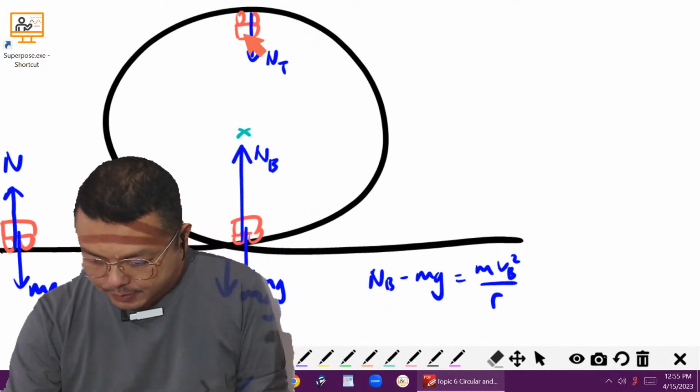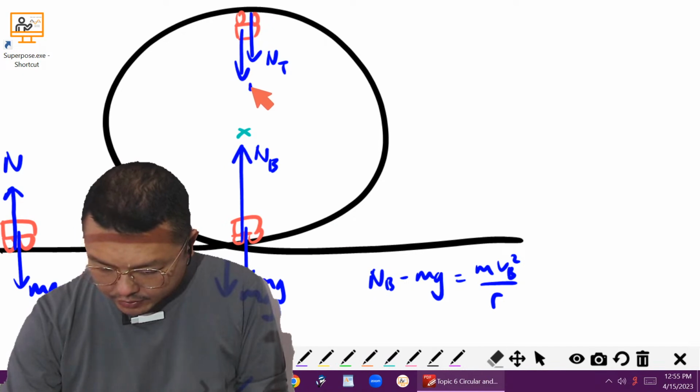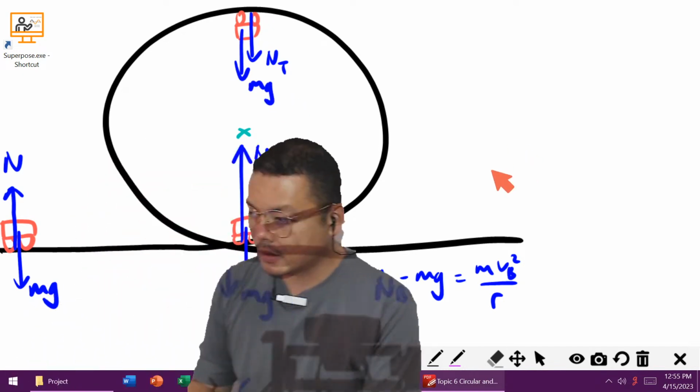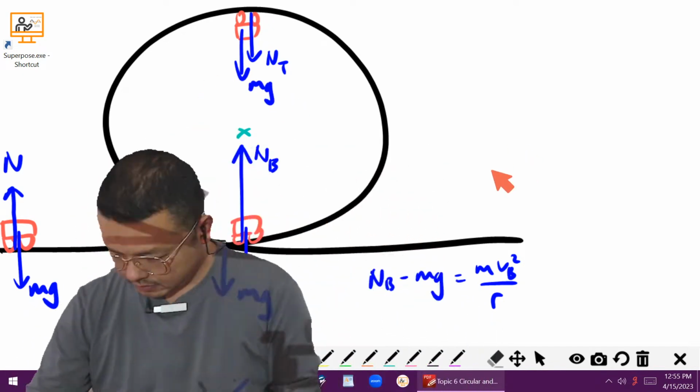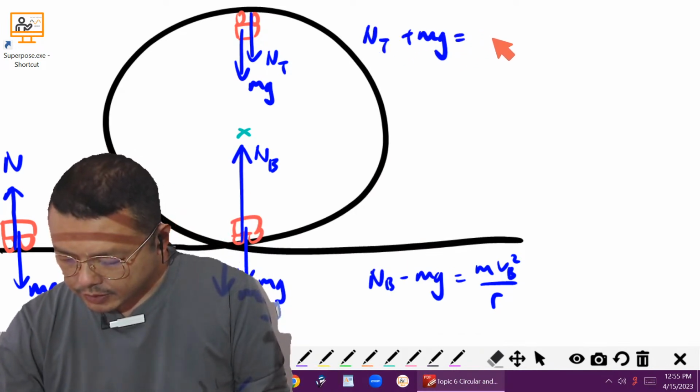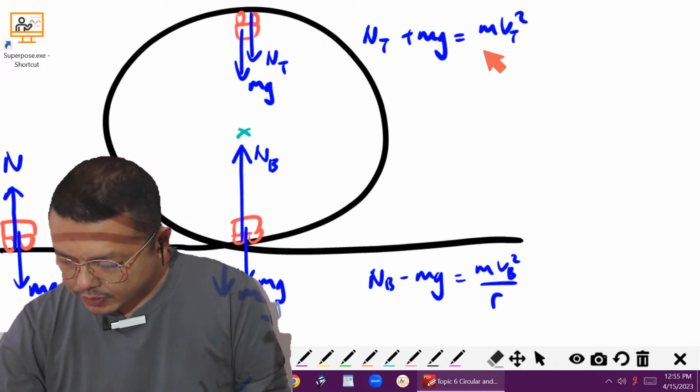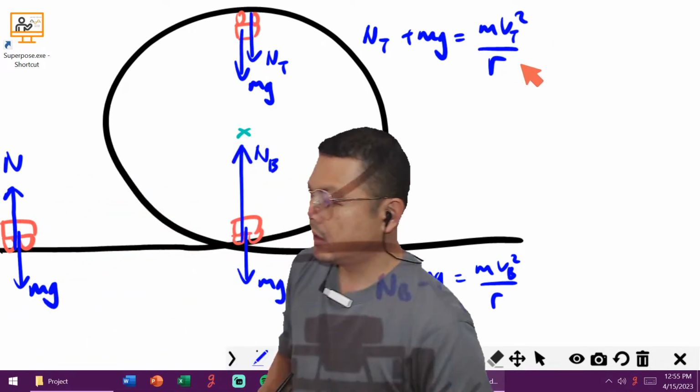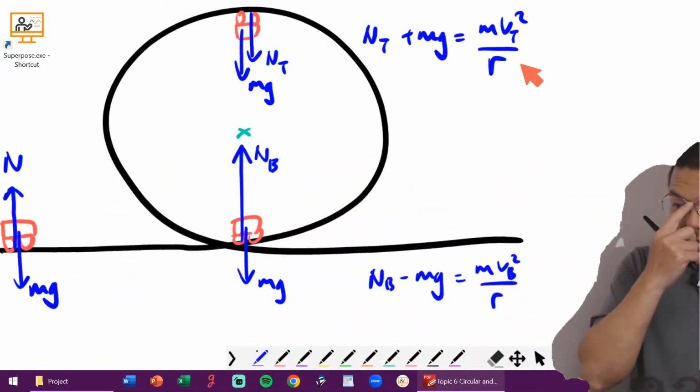And then the mg is pointing down as well. So what's the equation for the car at the top then? NT plus mg equals mvt squared over r. Are you okay on this?